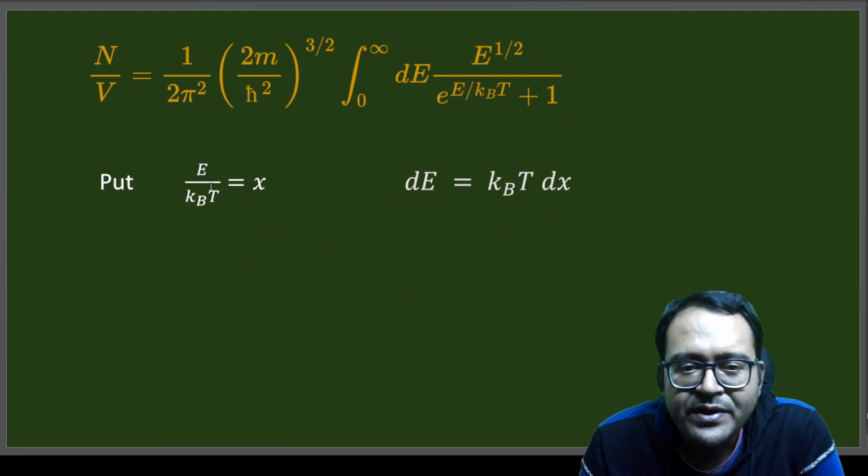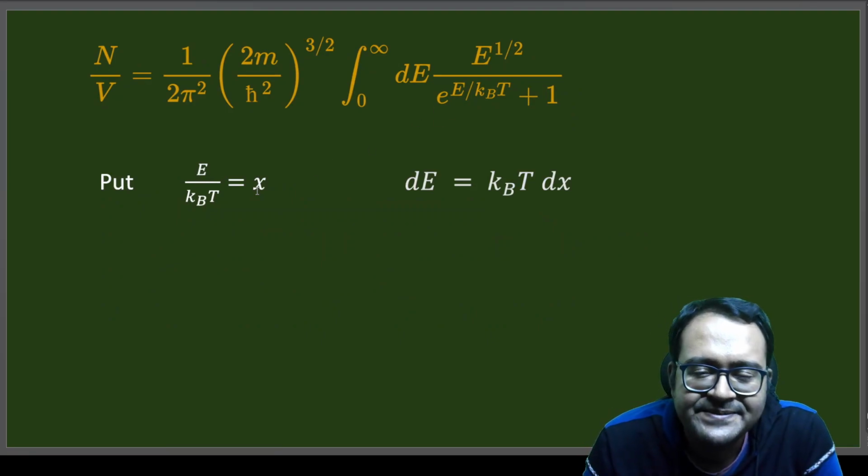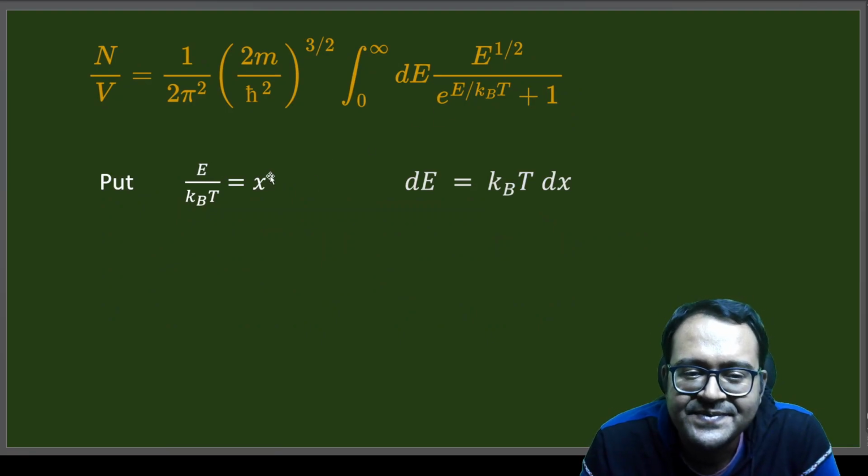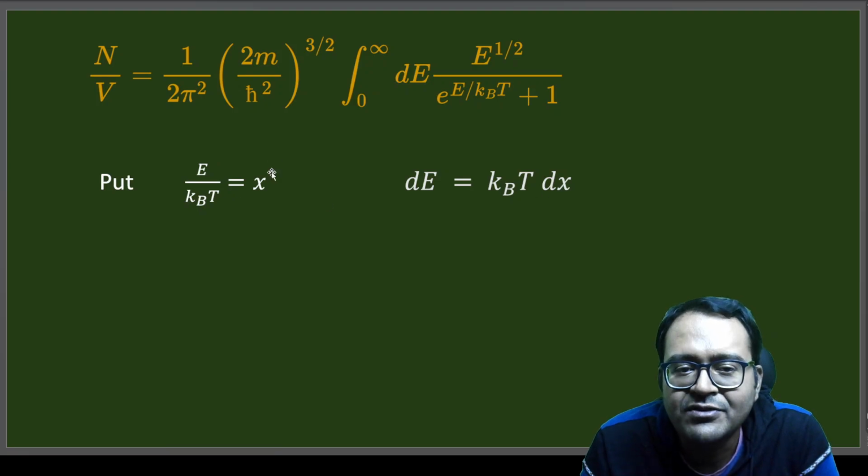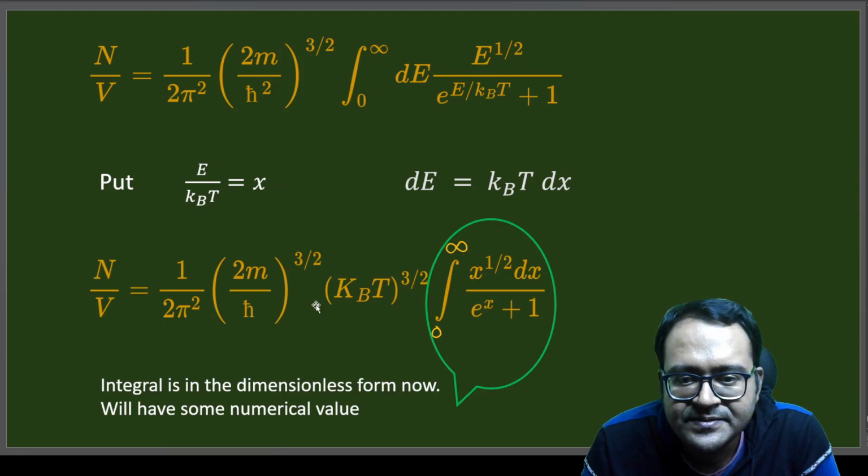You just put E by kBT as x. So your dE will be kBT into dx, and E to the power half will be x to the power half times kBT to the power half. So that is easy.